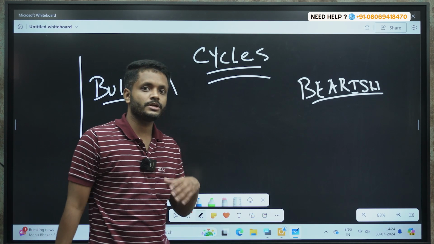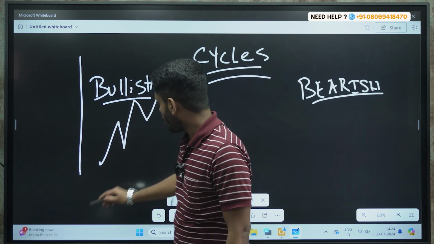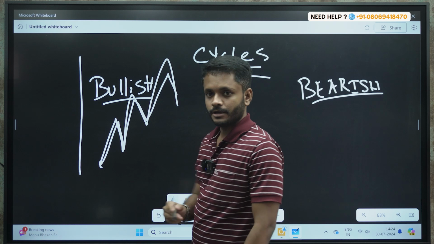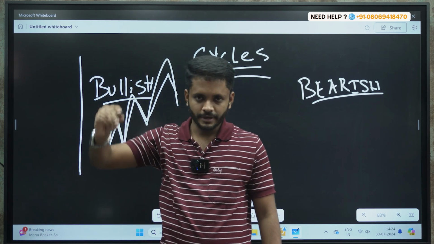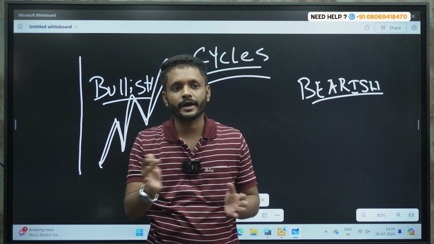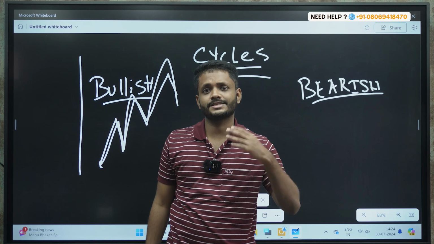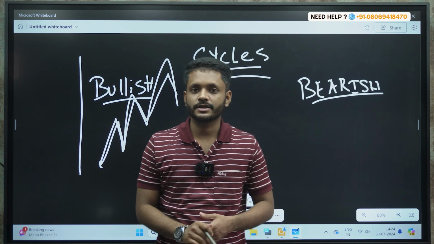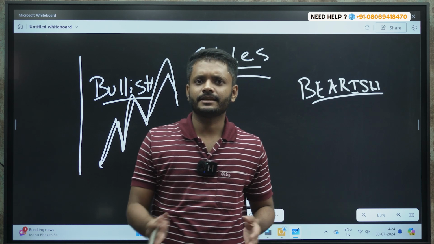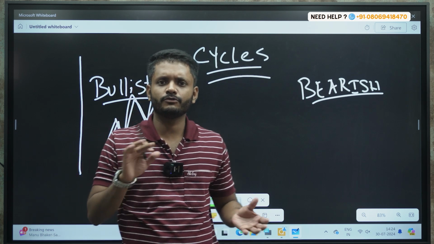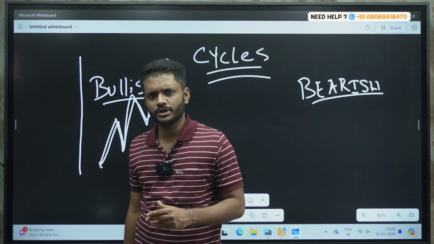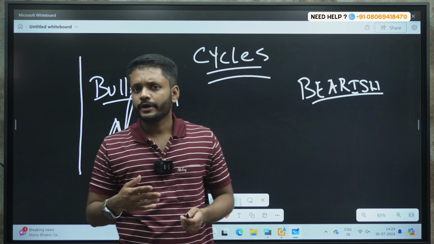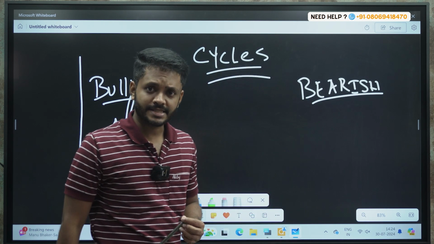So when a particular stock is following a long unwinding cycle continuously, moving up, retracing, moving up, retracing, then you can say that that particular stock is currently bullish. If you want to select a stock for a bullish trade, you can definitely go and select those stocks which are currently following a long unwinding cycle.